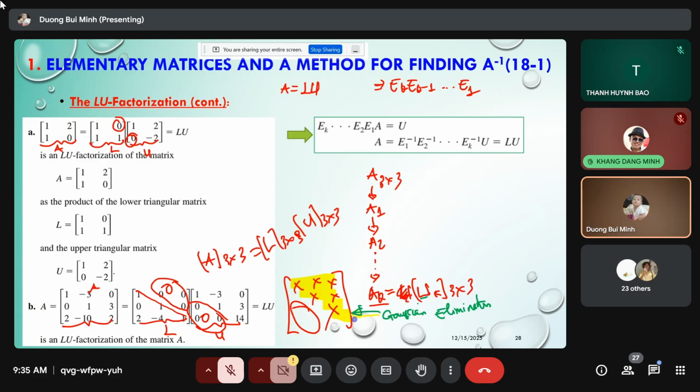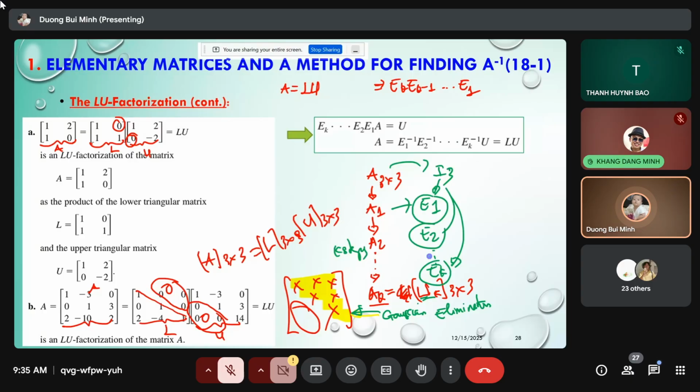From A you get A1, and then we apply the same step to get A2, and so on, up to AK. After K steps you can get U.